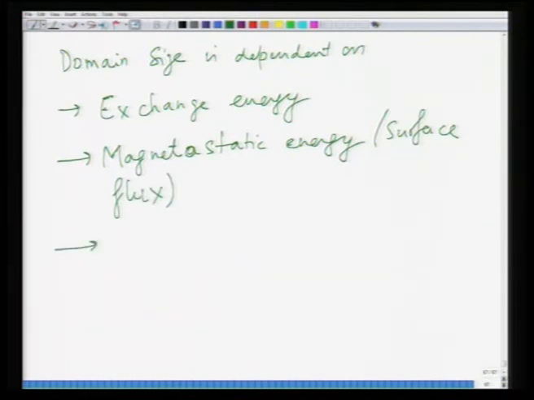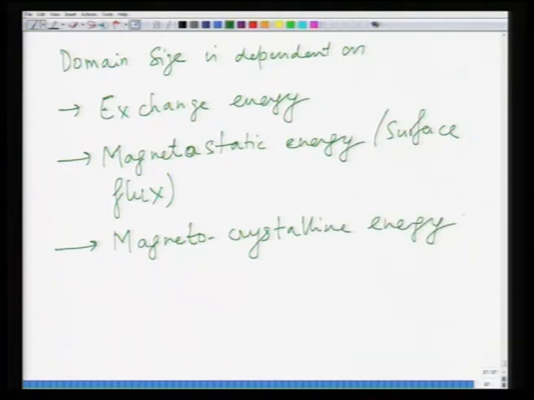And then you can also have magnetocrystalline energy, and this energy is due to the coupling of magnetic moments with the crystal lattice. So the direction of magnetic moment is coupled to the lattice, and any change in the lattice structure or parameter forces a change in the magnetization. As a result, hard and easy axes may arise.